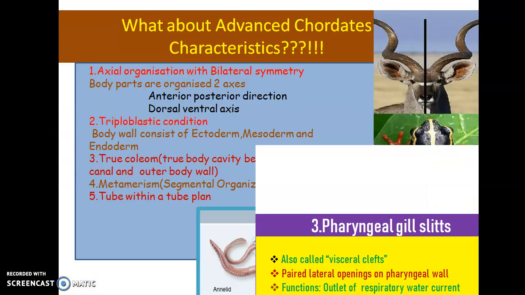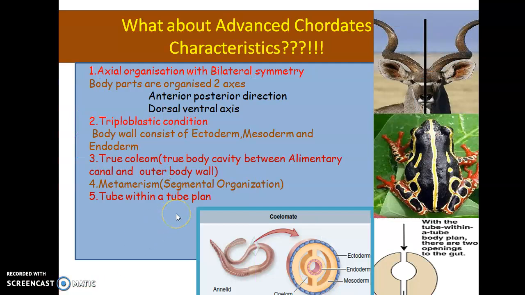Okay. Then comes the question: what are the advanced characters of chordates? Actually, most of the advanced characters are shared with the invertebrates. Okay, the first one is called axial organization with bilateral symmetry.